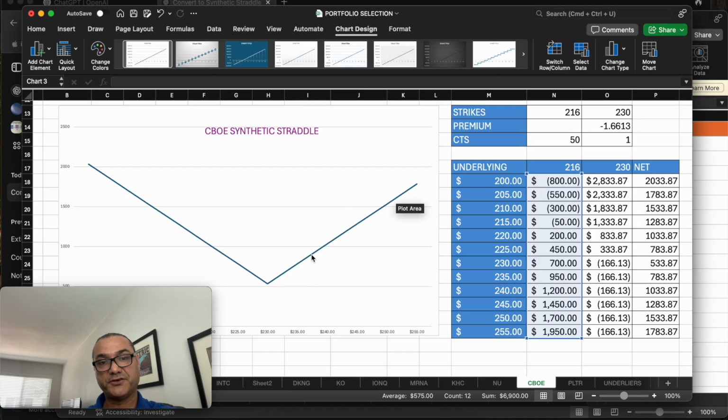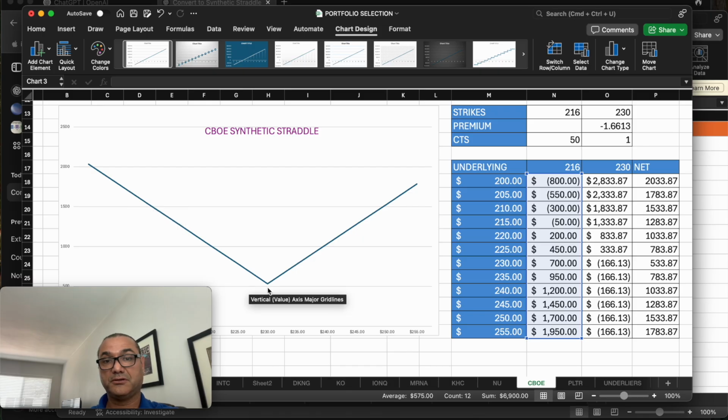We have 50 shares, and for every dollar that it goes down, we're losing $50. However, since we have the right to sell 100 shares at a price of 230, there's an extra 50 here, because 100 minus the 50 shares of stock leaves me short 50.